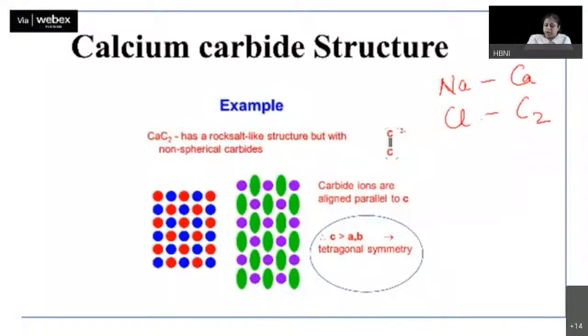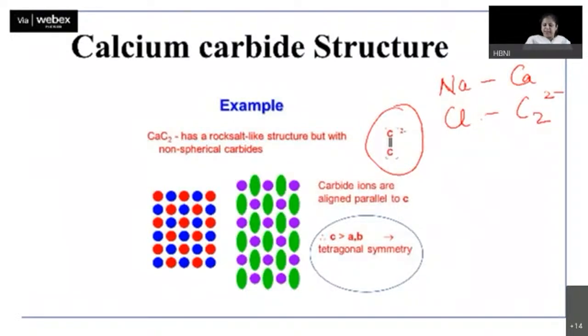The only problem is this carbide ion is not spherical like chloride ion. It is an elongated ion like this. When you put an elongated ion in place of a spherical ion, what will happen? Your unit cell will also elongate along the C direction.